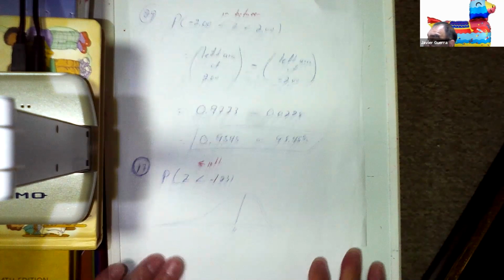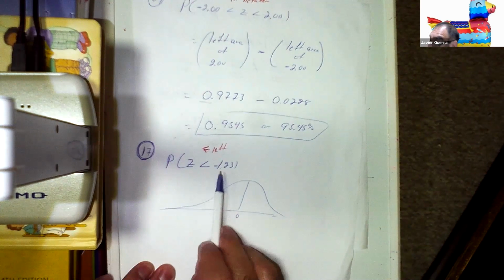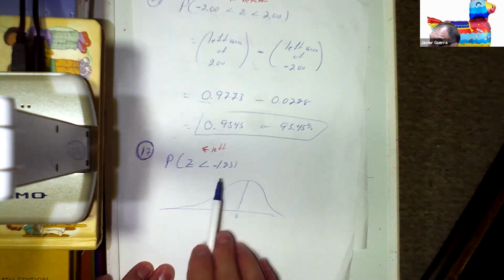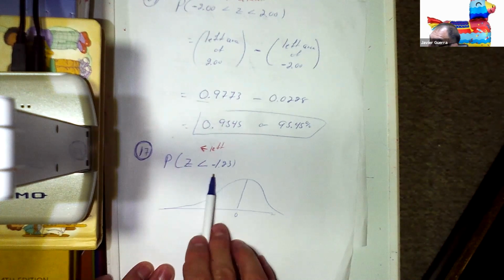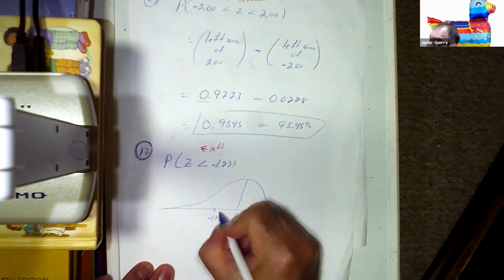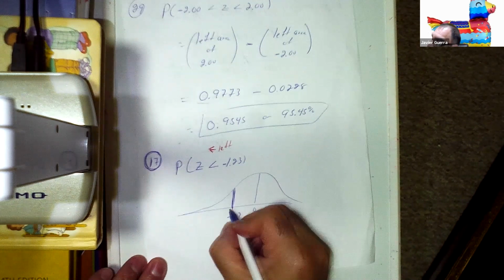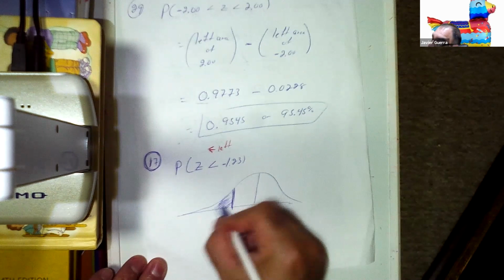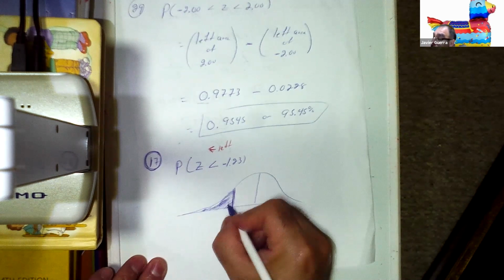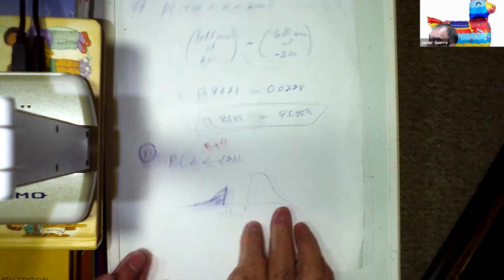Just make sure that you plot that number on the right side. This is negative, so it goes about right here, to the left.